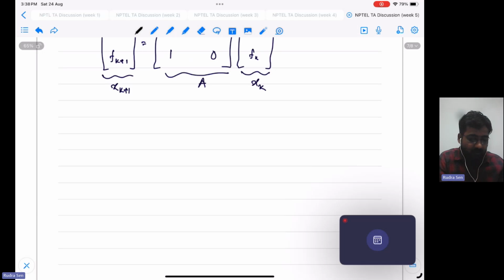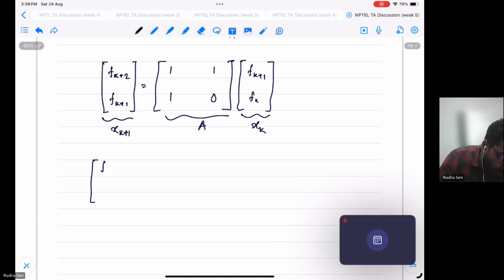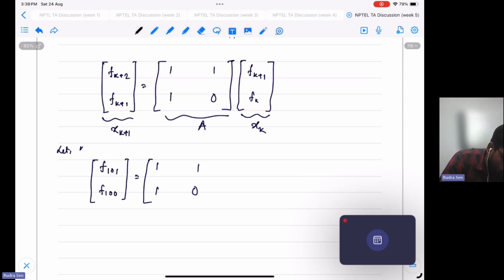So how can we find the value of f100? As you see, let k equal 99.